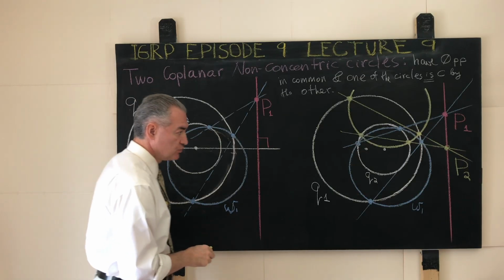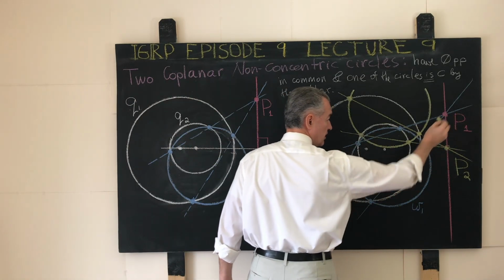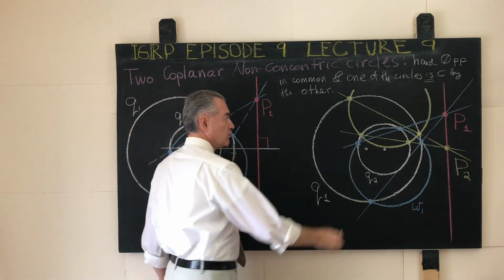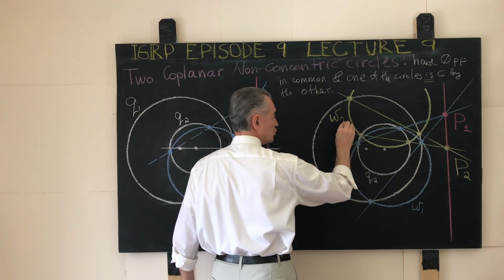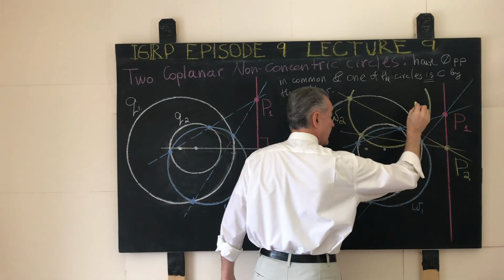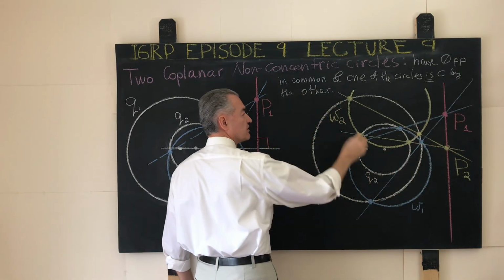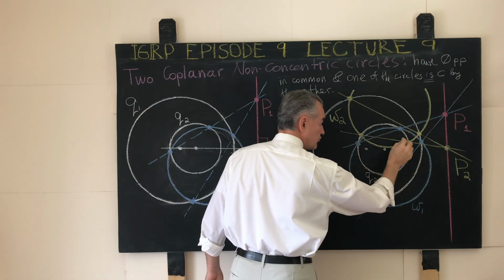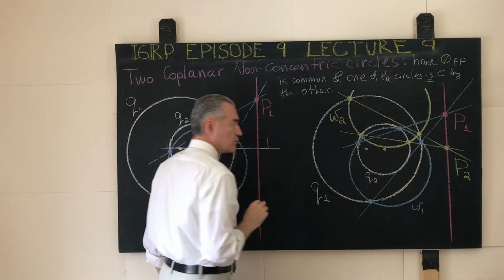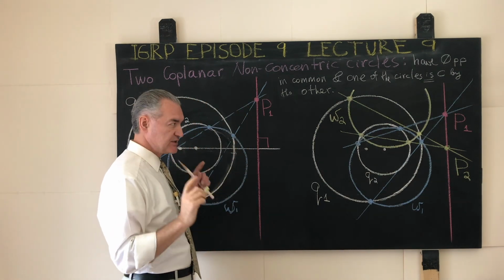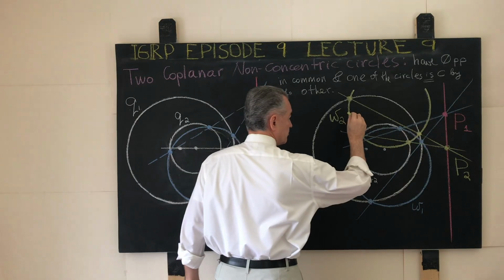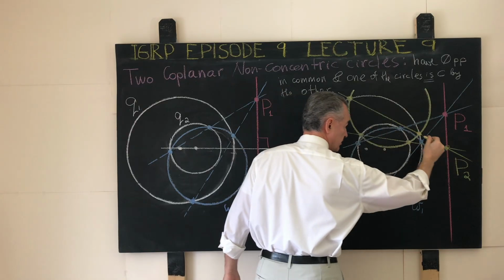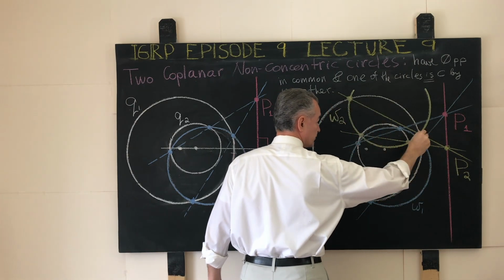And once we use this maneuver and locate the point P1, we pick yet another auxiliary circle. Let's say we will call it W2. And this circle is shown in green. That auxiliary circle also intersects the outer circle Q1 and the inner circle Q2. Each one of these circles intersects the helper circle at two distinct points. The same exact logic: the radical axis of the circles W2 and Q1, this one right here, is constructed through the two distinct points where these two circles intersect.